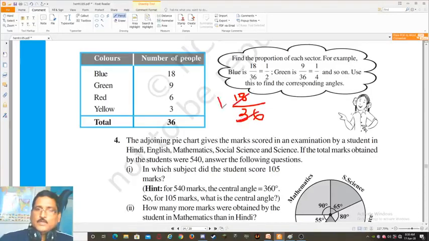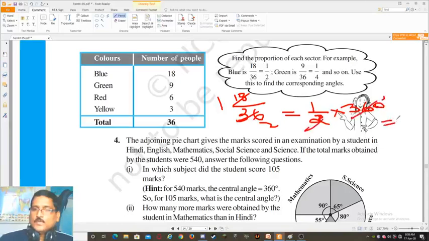It will be 1 by 2. Now 1 by 2 multiplied by 360 degrees, cut, it will be 180 degrees. That means a semicircle.